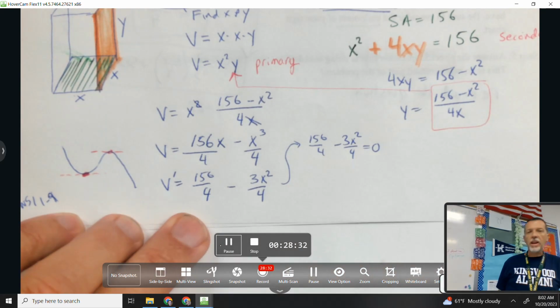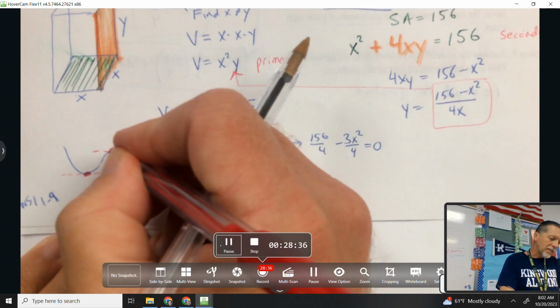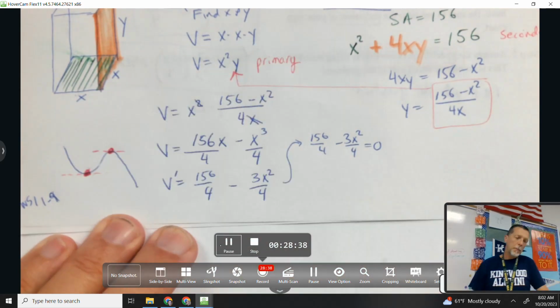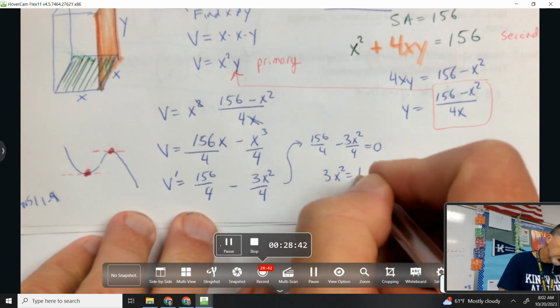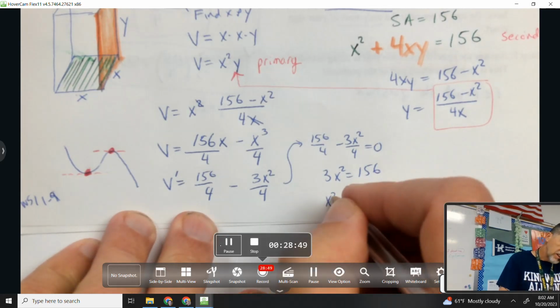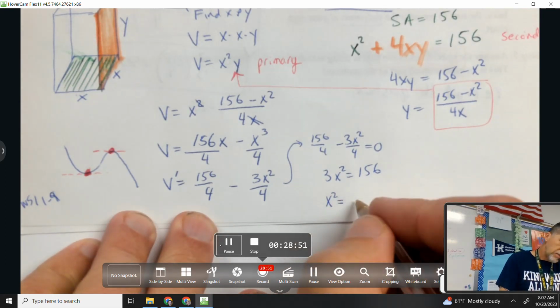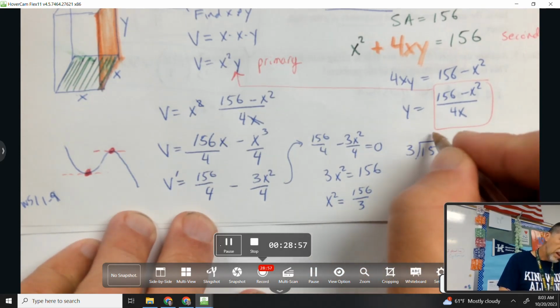Take a derivative, set it equal to 0 because I'm trying to find these 2 spots. I'm going to multiply through by 4. Move the 156 over. Be really nice if 156 was divisible by 3. Let's see, 52.